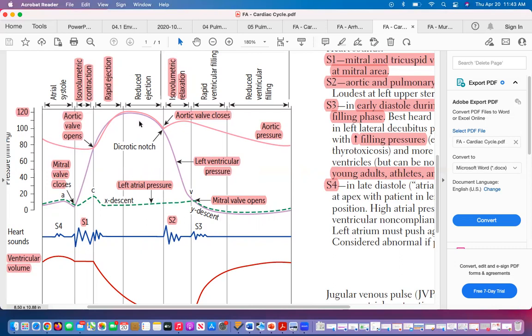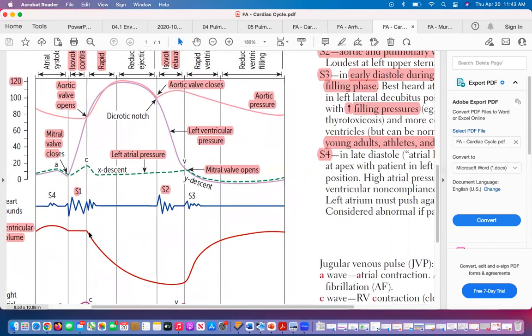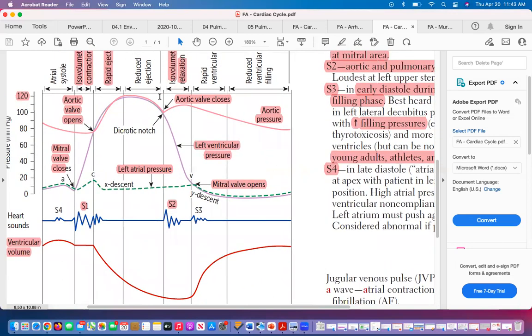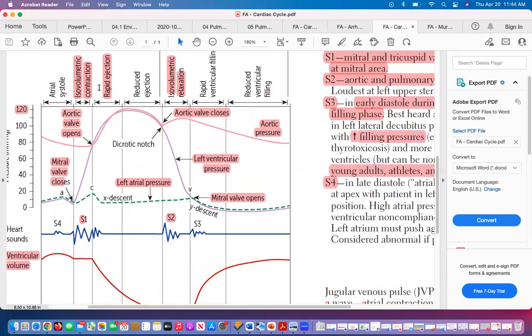And as you see, the ventricular volume from the start of the time that the aortic valve opens is decreasing until the end of the ejection phase of the ventricle. So the blood volume is decreasing. So here we are done with the systole of the ventricle.